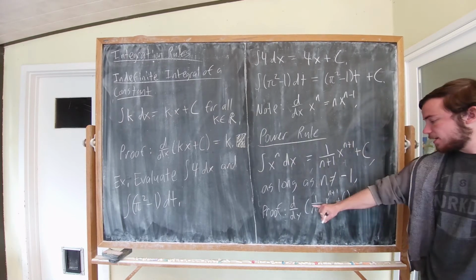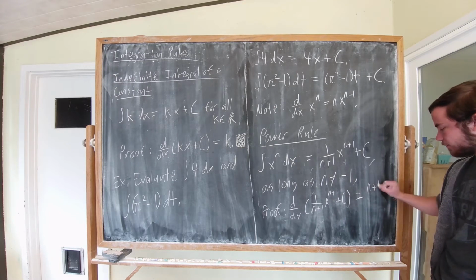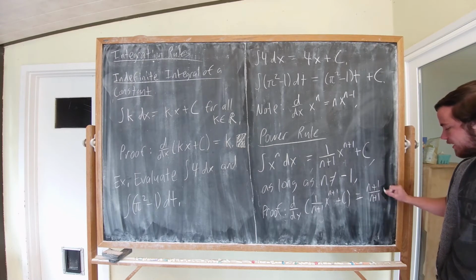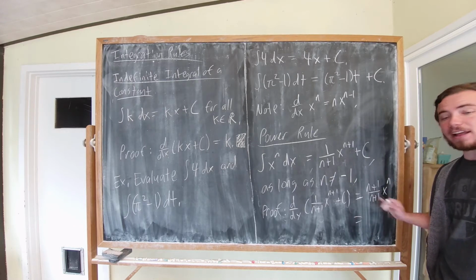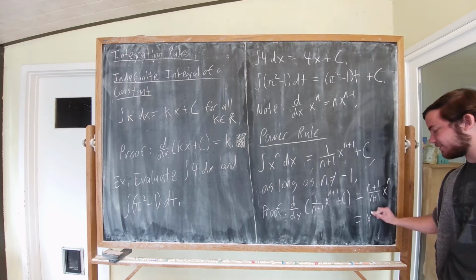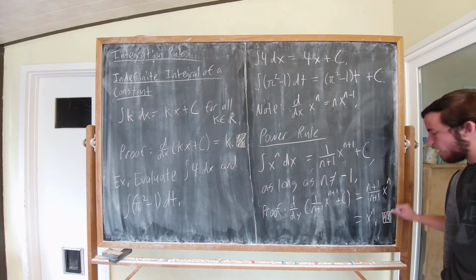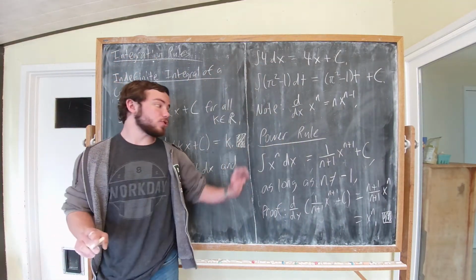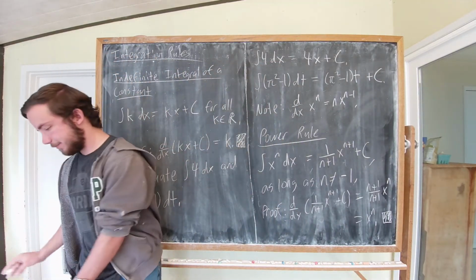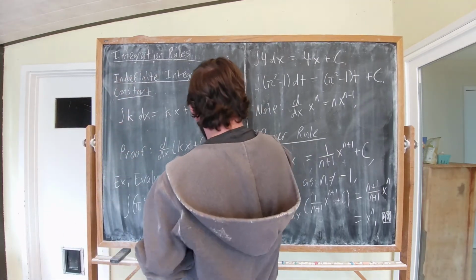Plus c will drop, and you'll have n plus 1 divided by n plus 1 times x to the nth power. That's 1, so this is just x to the n as desired. So we have this power rule as long as n is not equal to negative 1. We'll handle that case in a minute.